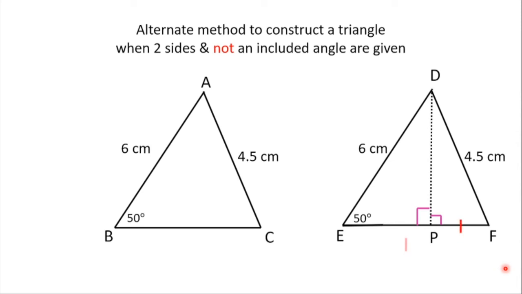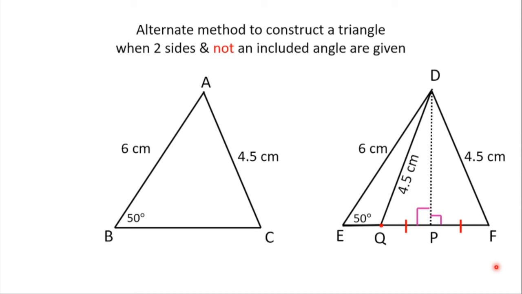Mark another point on the line segment EF, call this Q, such that QP is equal to PF. In such a way, you choose this point Q on this line EF. Now join D and Q. So what is the length of DQ? It is 4.5 centimeter only.